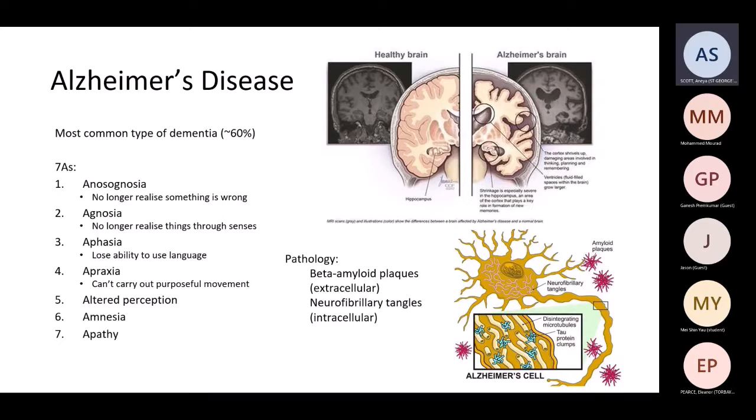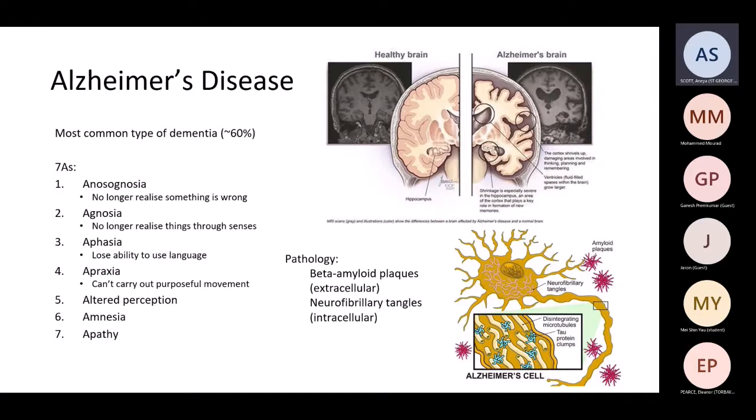And if you look at the brain as a whole, so on CT heads and MRIs of people with Alzheimer's, there are 3 main things that happen. You get cerebral atrophy, you get shrinkage of the hippocampus, and you also get enlargement of the ventricles as well. And in terms of the pathology, it's due to beta amyloid plaques and neurofibrillary tangles.